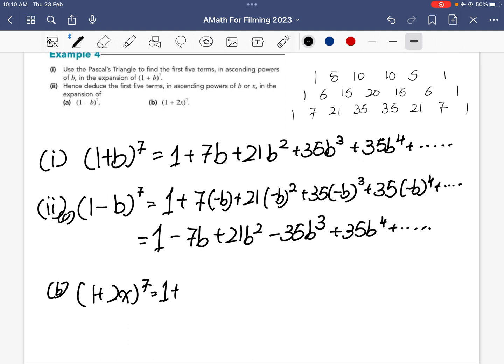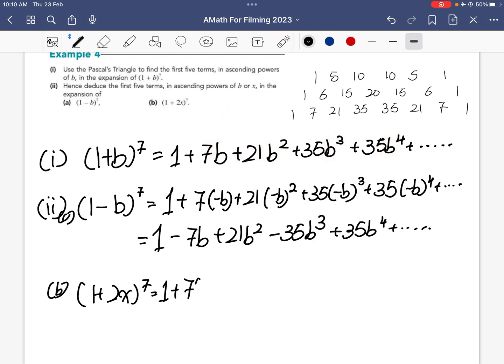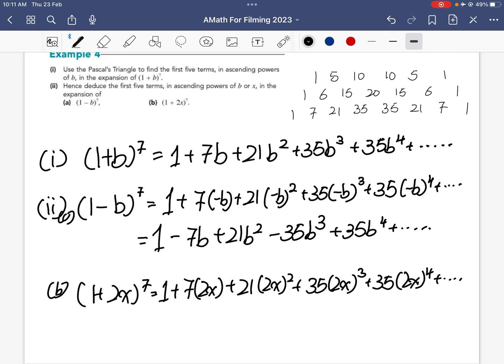So what I need to replace is now all my b terms, I replace with 2x. So I get 1 plus 7 times 2x plus 21 times 2x squared plus 35 times 2x cubed plus 35 times 2x to the power of 4 plus dot dot dot.